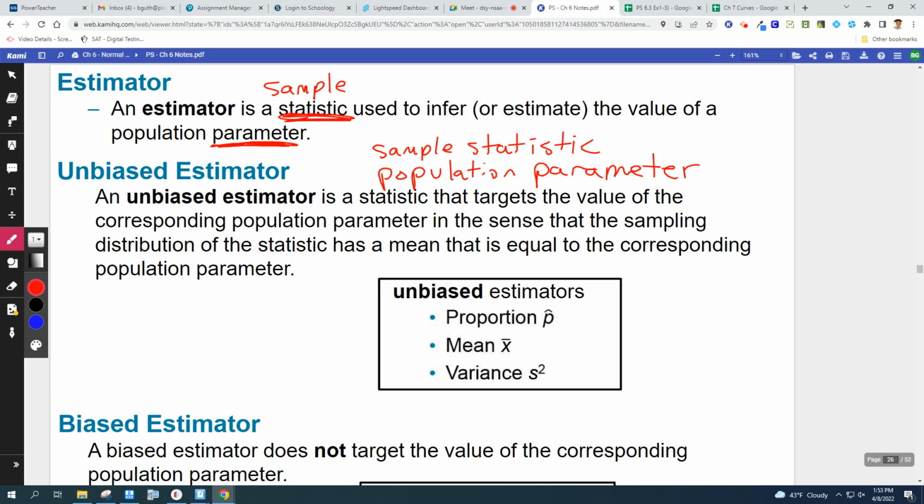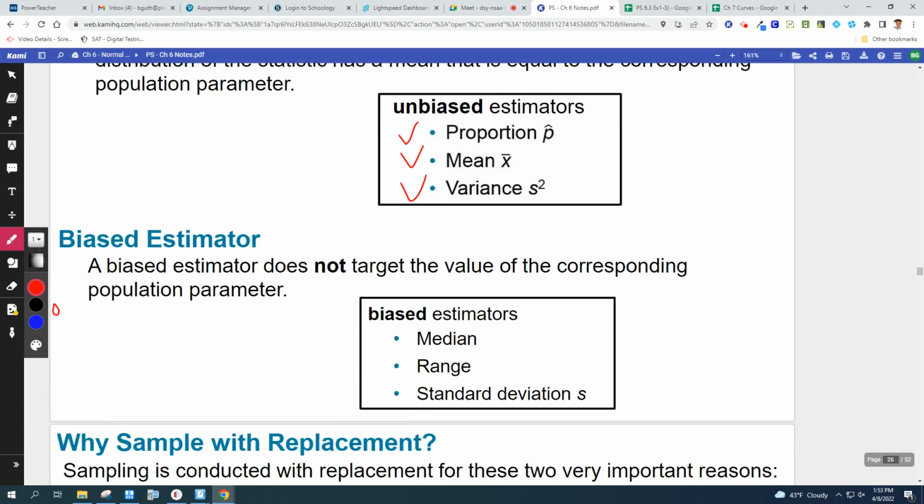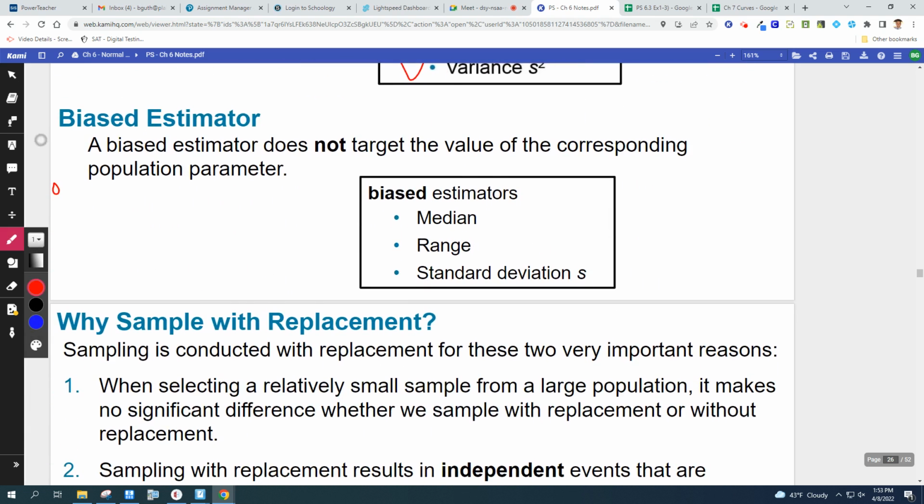Unbiased estimators, like the sample proportion, sample mean and sample variance, are going to be good estimates of the population. That's unbiased. Biased is the opposite. A biased estimator does not target the value of the corresponding population parameter. So median, range, standard deviation, that kind of deal.